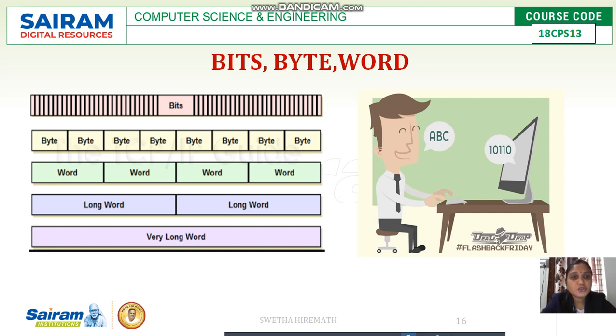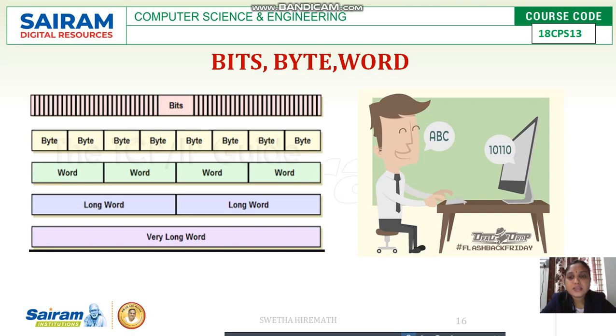The smallest unit of data in a computer system is the bit. So it can store one particular value at a time. Only binary values are stored, either 0 or 1.